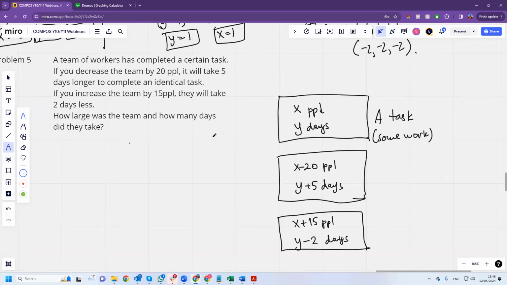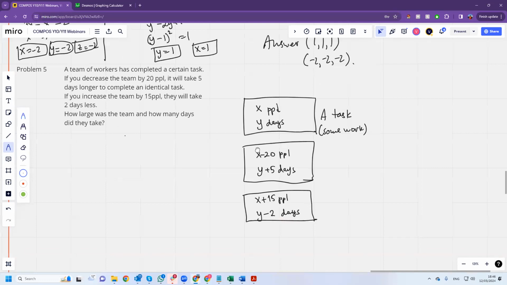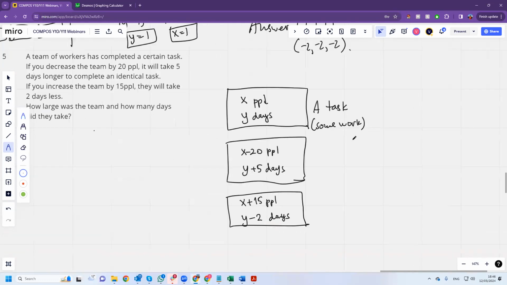That's how you do this problem. Okay, so let's have a look. So what do we have?